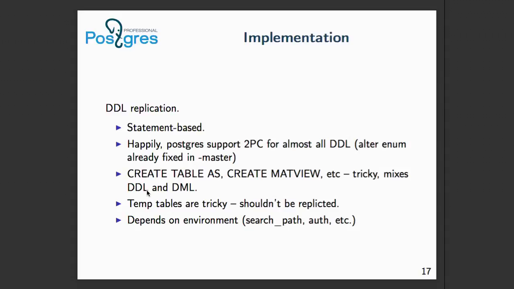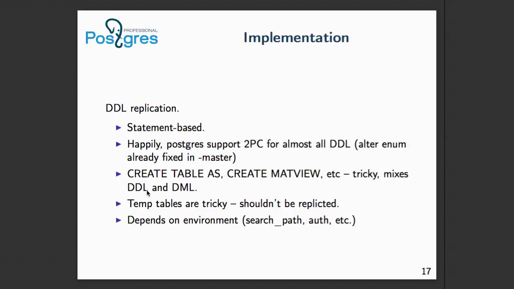And there are some hard things to proceed with that way in Postgres. For example, create table as and create materialized view. They write both to user tables and also to a catalog.